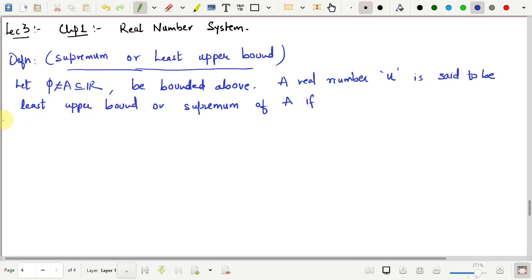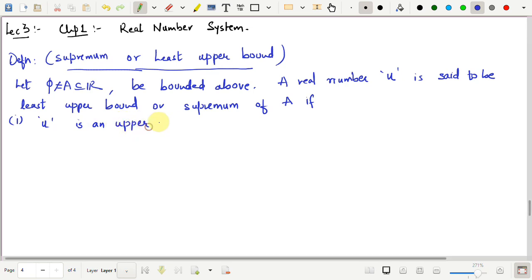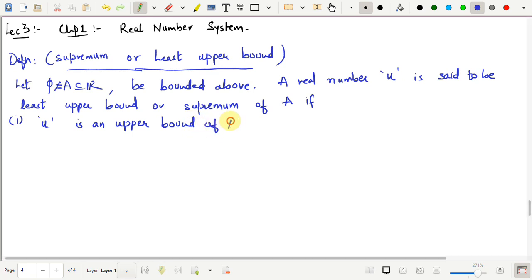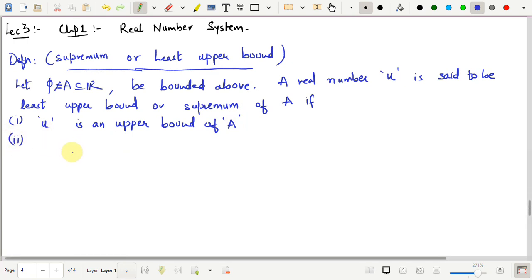The first one is that this u is an upper bound of A. The second condition is that along with being an upper bound, it is the least among all the upper bounds.